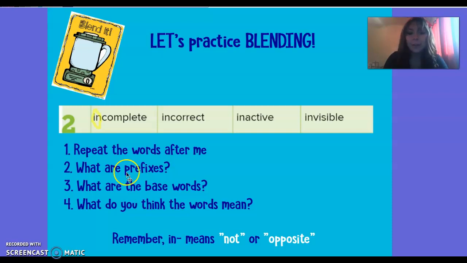Yep, I agree with you. The words that I already know are complete, correct, active, and visible. Those are the words I can identify as soon as I see the word. So now, what do you think the words mean when we have the prefix in front of them?